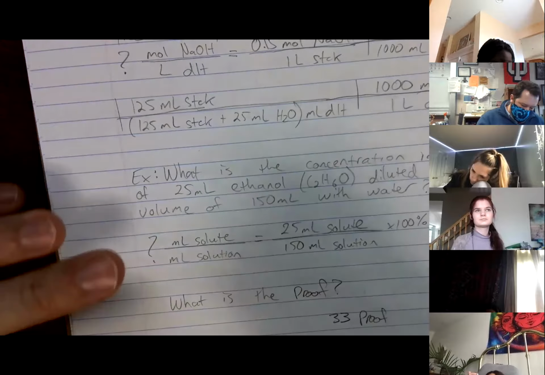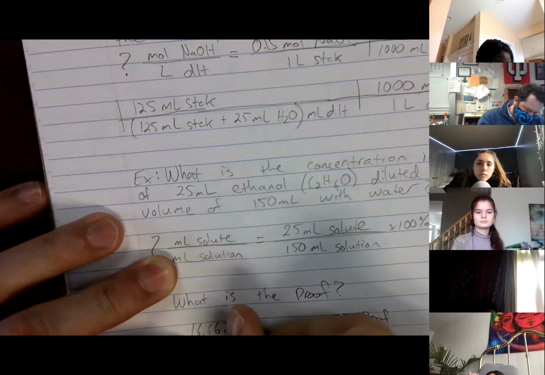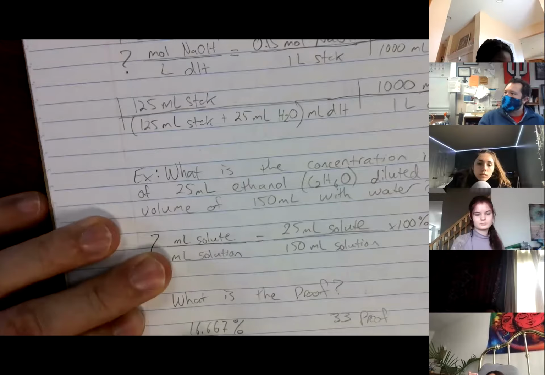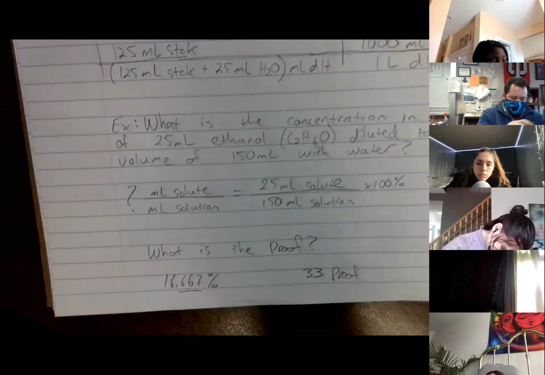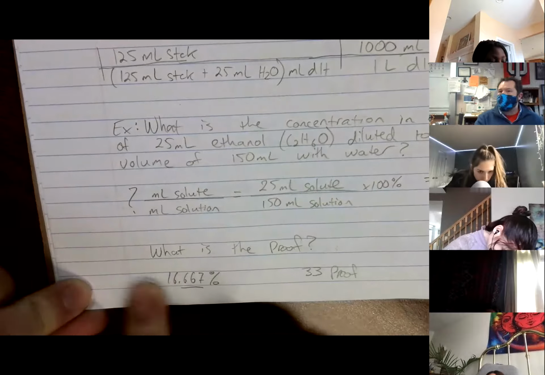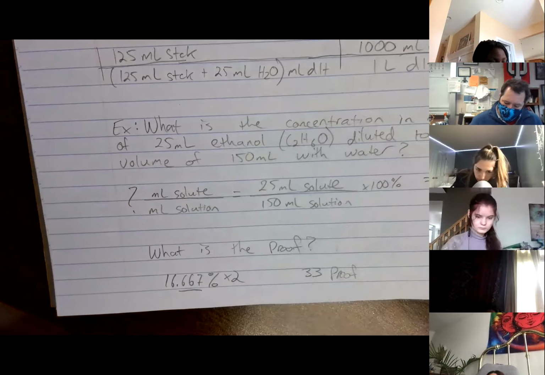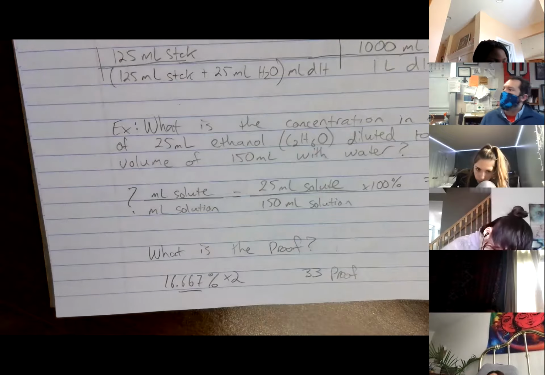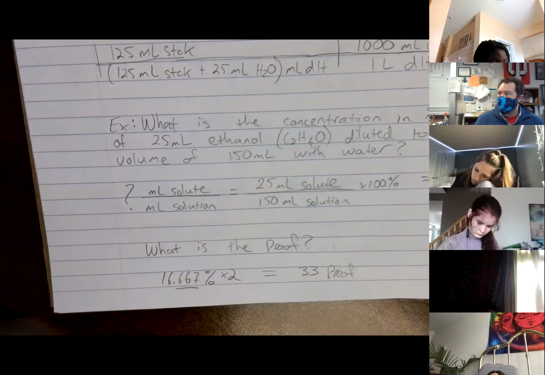But when we come down here and do this part, we've only got 2 significant digits. So I underline those extras. But when I multiply that by 2, I get 33.33, which rounds down to 33 proof.